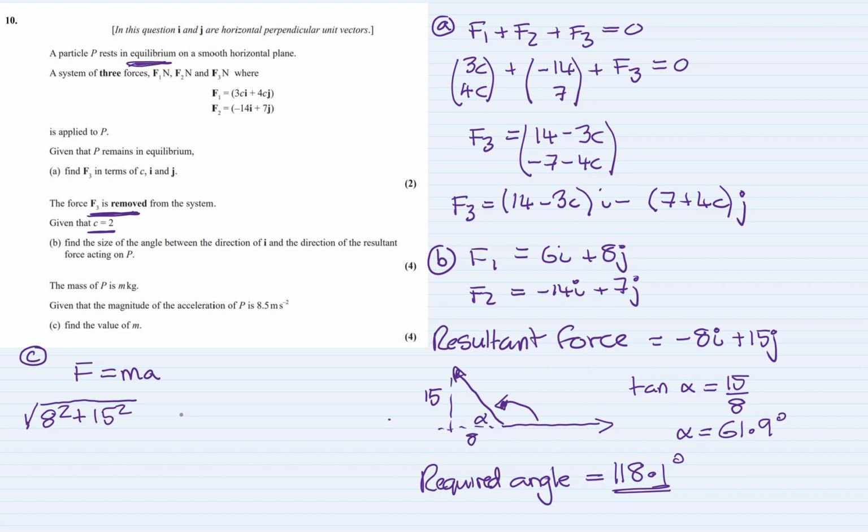That's my resultant force. My mass is m. I don't know what the mass is, but I do know the acceleration, so that's going to be 8.5 times my mass, which is m. So that gives me m equals the root of 289 over 8.5. So m equals 2 kilograms.